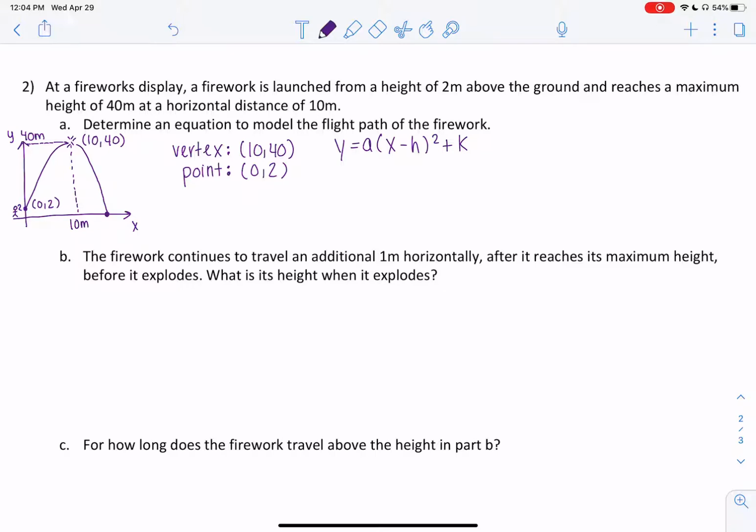Let's start by filling in our vertex. And now we need to solve for a. If I wanted to solve for a right now, I have way too many variables.